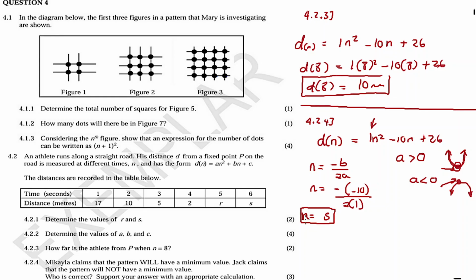So for the fact that your n is bigger than 5, it means that you actually have a minimum.